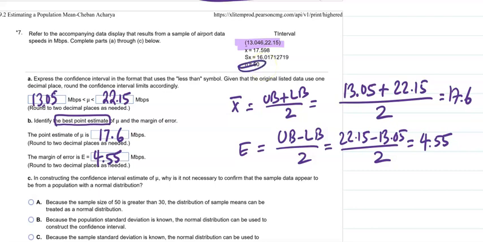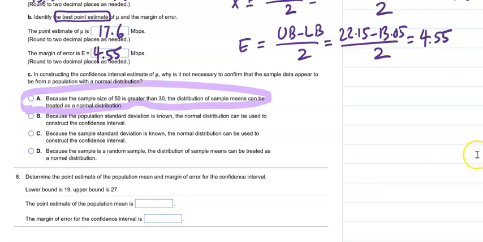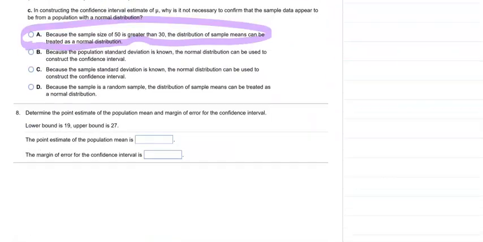As long as the sample size is greater than 30, we are good. We can construct the interval for the population mean. So the answer is because the sample size is greater than 30, actually the sample size is 50, it is not necessary to confirm that the sample data appears to be from the population with normal distribution. Okay, that's part C.